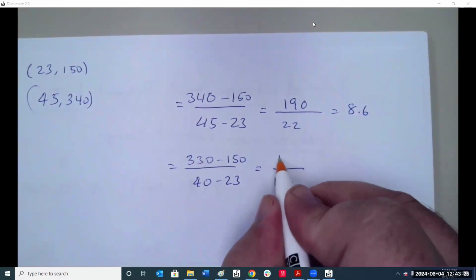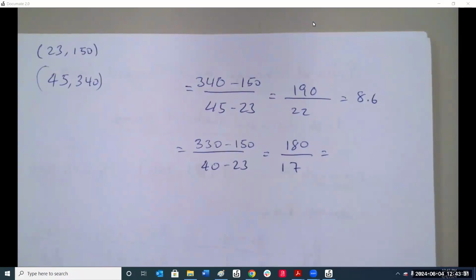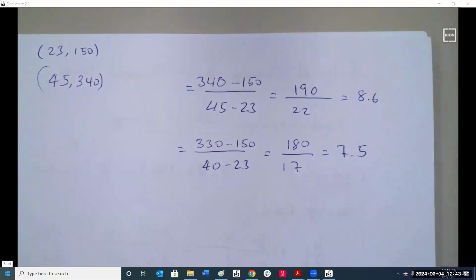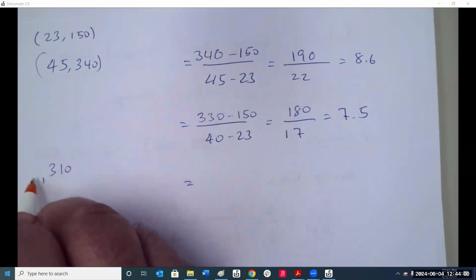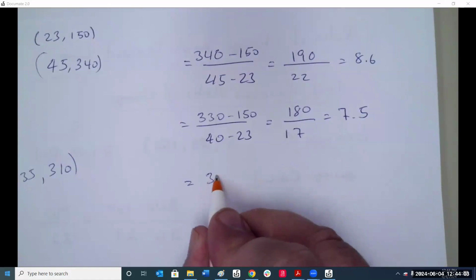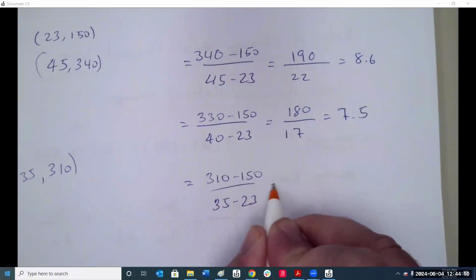What's that one going to be? 7.5? Then the next one I used was 35, 310, so it's 310 minus 150 over 35 minus 23.